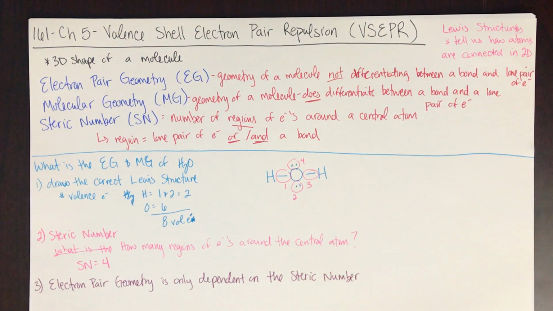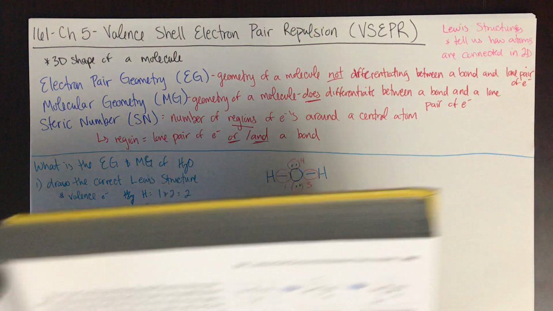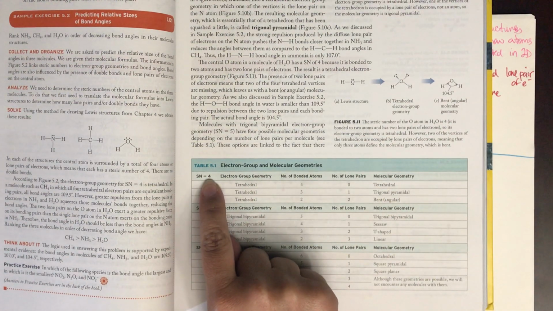So there is a chart in your book. It is table 5.1, and you will be responsible for steric numbers 2, 3, and 4. This one just shows 4, 5, and 6, but we have a steric number of 4.